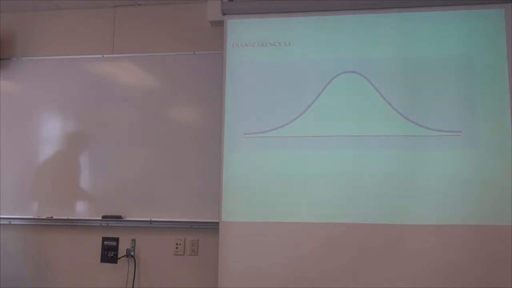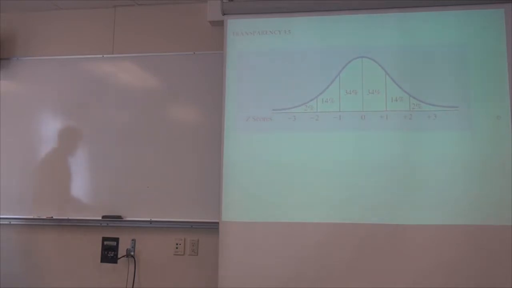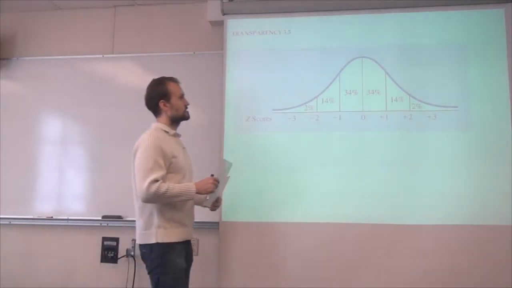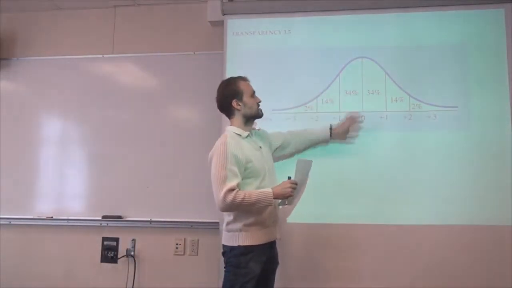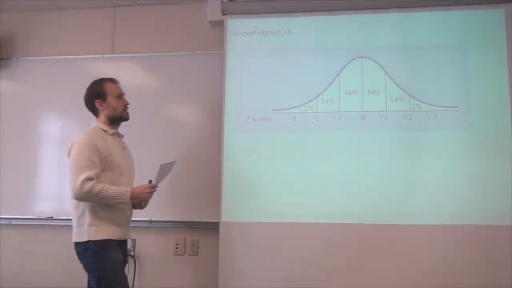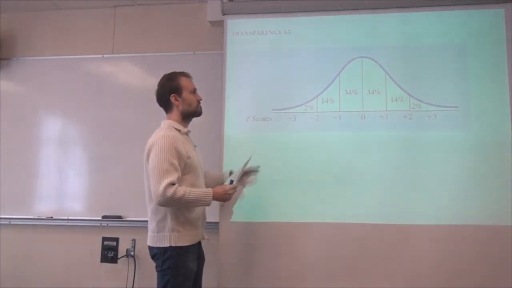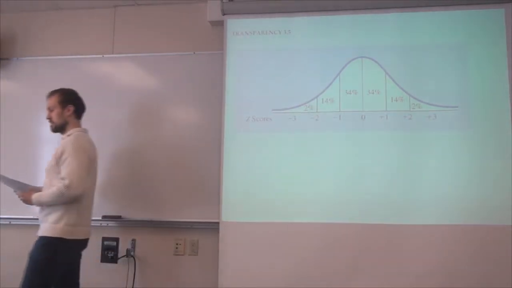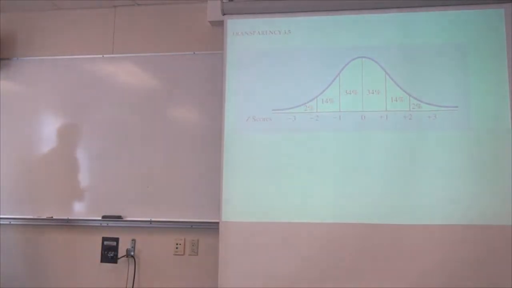All right. So what I want to remember is these little sections, and adding them together would give me rough ideas of the proportions between the scores.